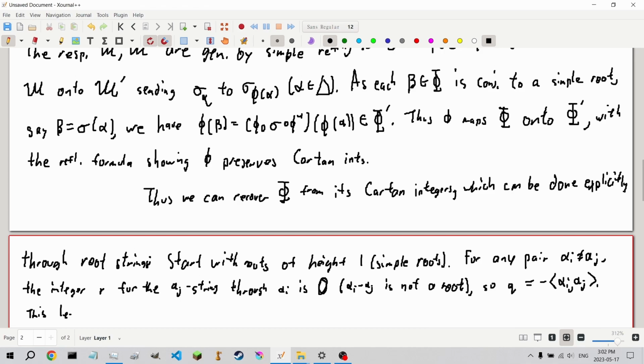This lets us write all roots alpha of height 2, hence all integers alpha with alpha j.